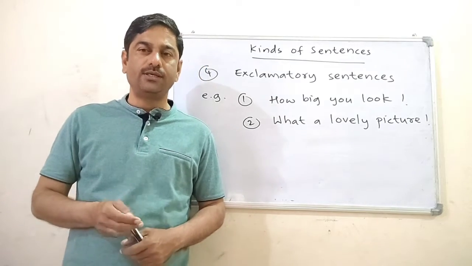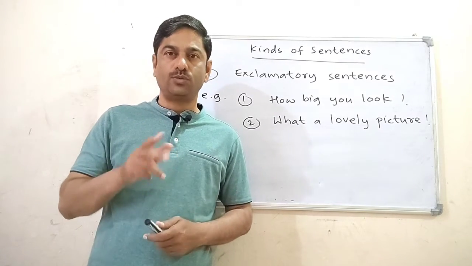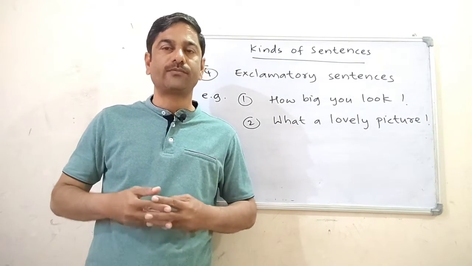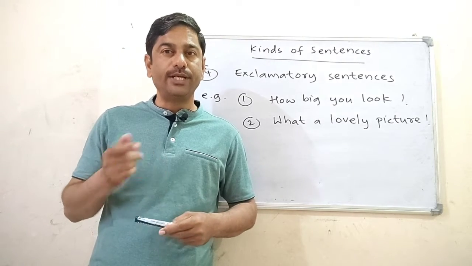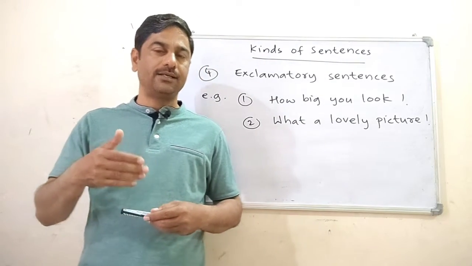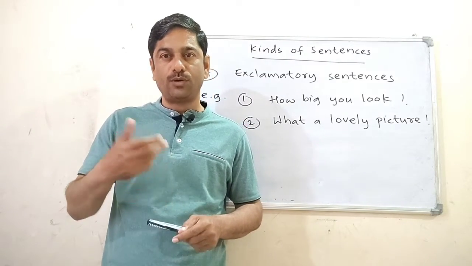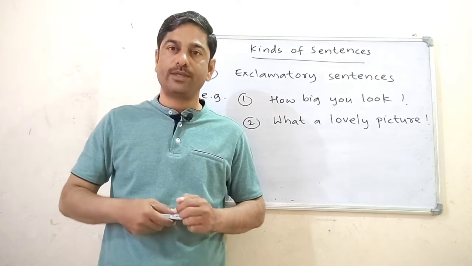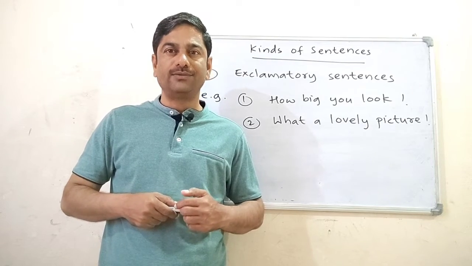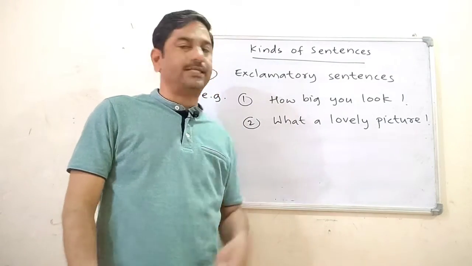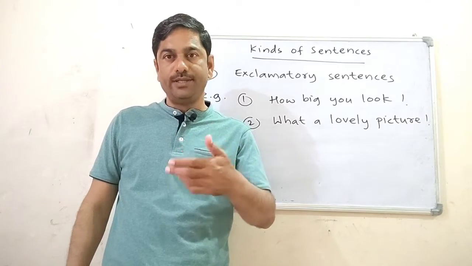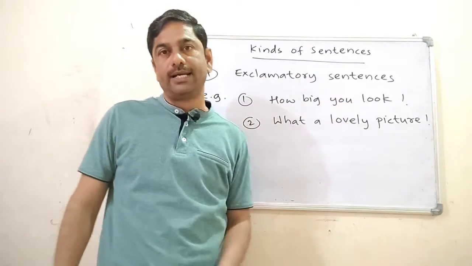Then questions, in questions also there are 2 types, yes no type questions and WH questions. And the third one is imperative sentences. To express request or to express command, we make use of imperative sentences. And the fourth one is exclamatory sentences, to express strong feeling, and there is an exclamation mark at the end of exclamatory sentences.